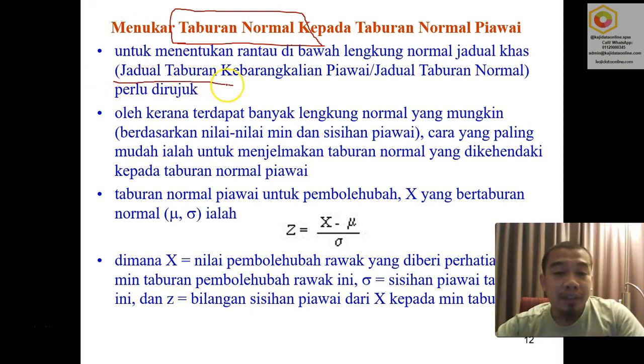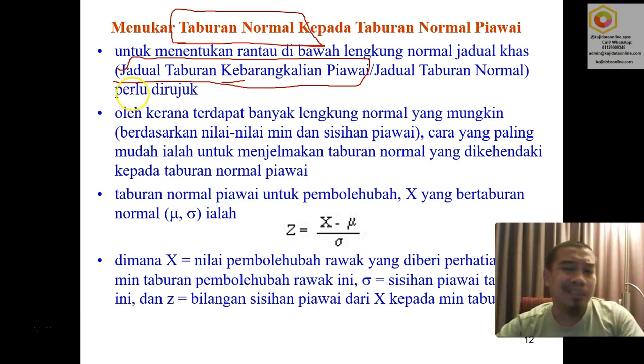We call it the jadual taburan kebarangkalian piawai, or in English, the standard probability tabulation, or the standard normal tabulation.